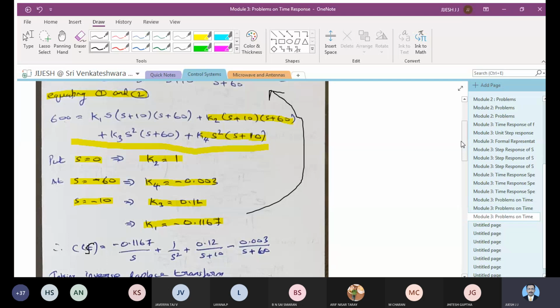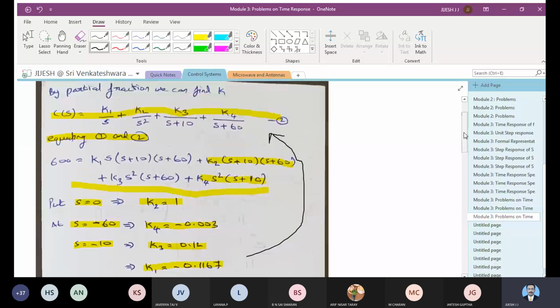So all of you can do this. Solve it and find the values of k2, k3, k4, and then find out the value of k1.